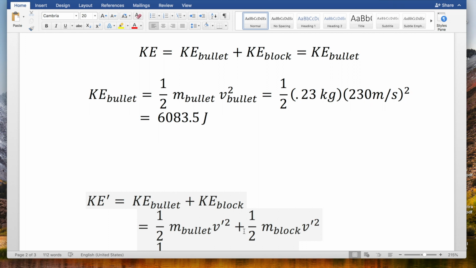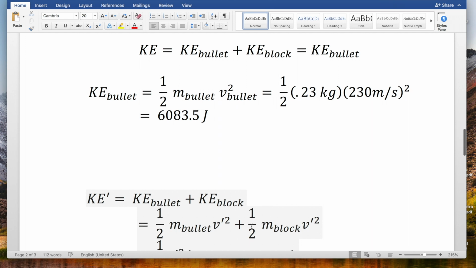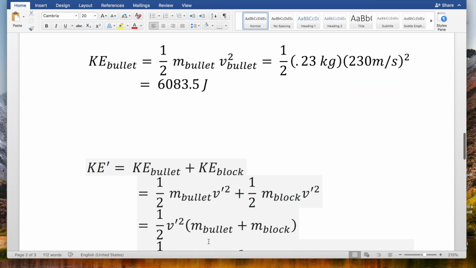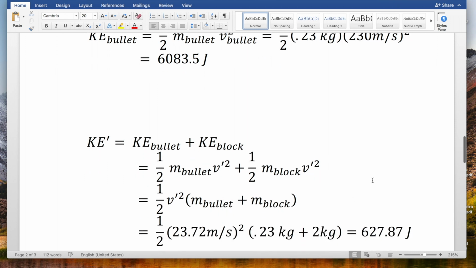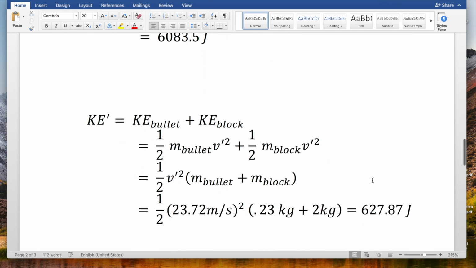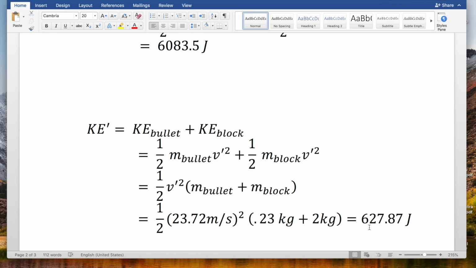So v prime here is the same number. 1/2 is obviously also the same number. I clean this up a little bit by factoring out a 1/2 v prime squared and just adding the mass of the bullet and the mass of the block. And I plug in some numbers, do the math, and we end up with 627.87 joules of energy. Big energy loss.